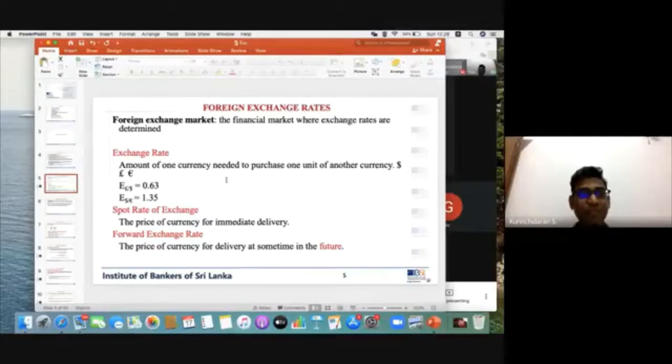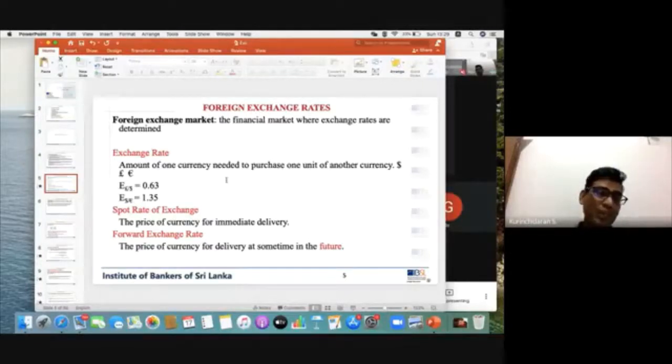The denominator is dollar. So that means what is the price of a dollar in terms of sterling pound. So $1 is worth how much? $1 is equal to 0.63 sterling pound.